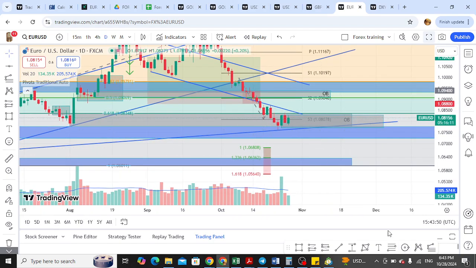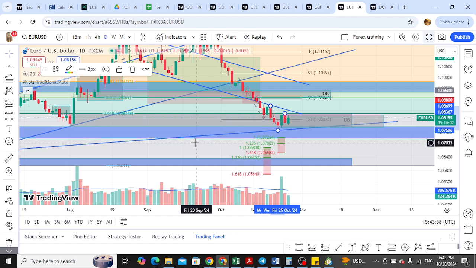Okay, I'm going to keep those two here for future reference, in case the price really went there, so as to take note of it. But for now, I will be waiting for the price to break off the volume zone, the order block, and this.